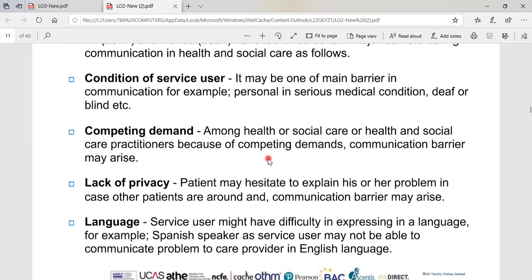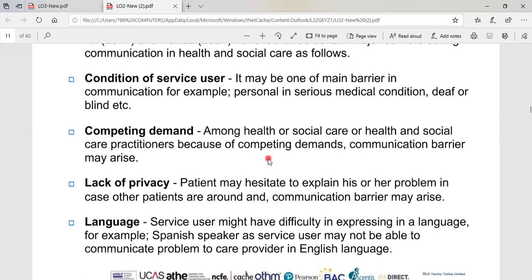You want to communicate with that patient, but the time slot that patient has with you is very limited. For instance, if the patient has a mental health condition, has dementia, it's hard communicating with that patient, and you have another list of patients to communicate with, then that impacts your interaction with this patient.